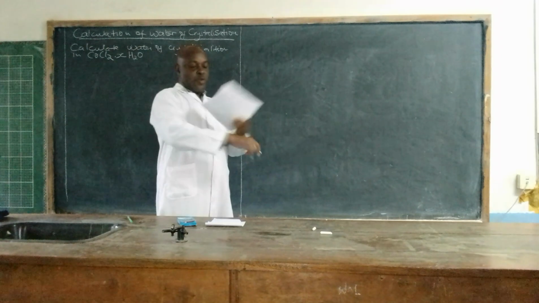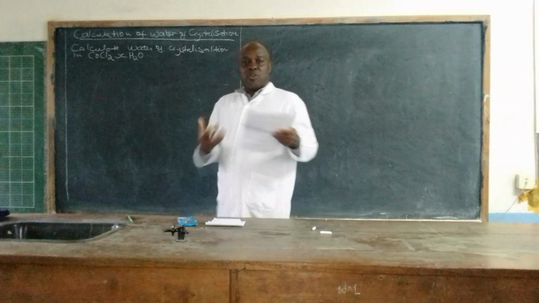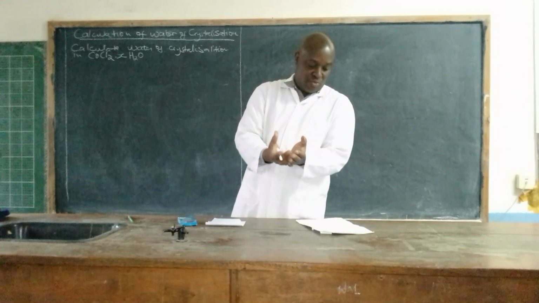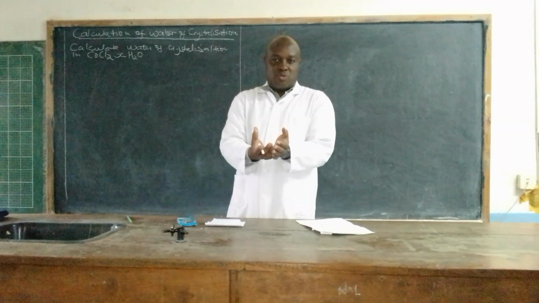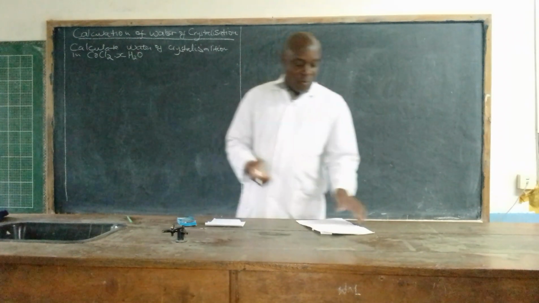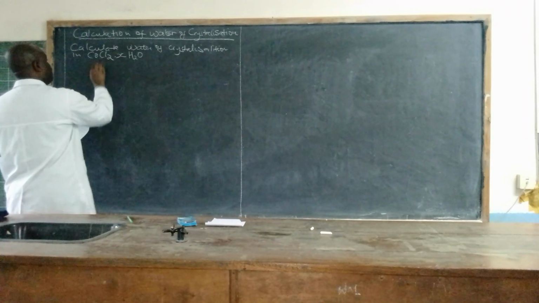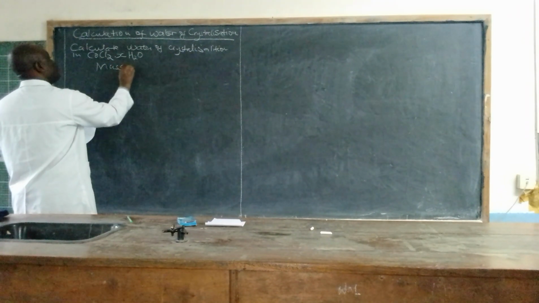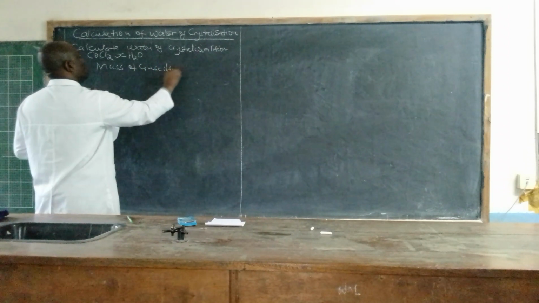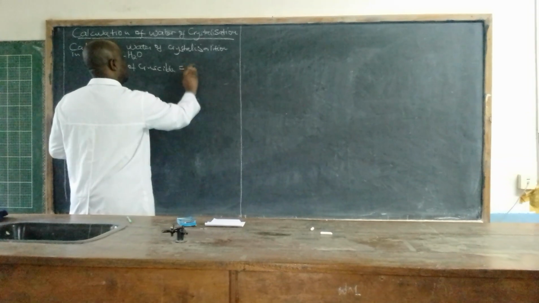We must be able to know the mass, because in this case we are using a crucible to handle our salts. For example, we record the mass of the crucible in grams.